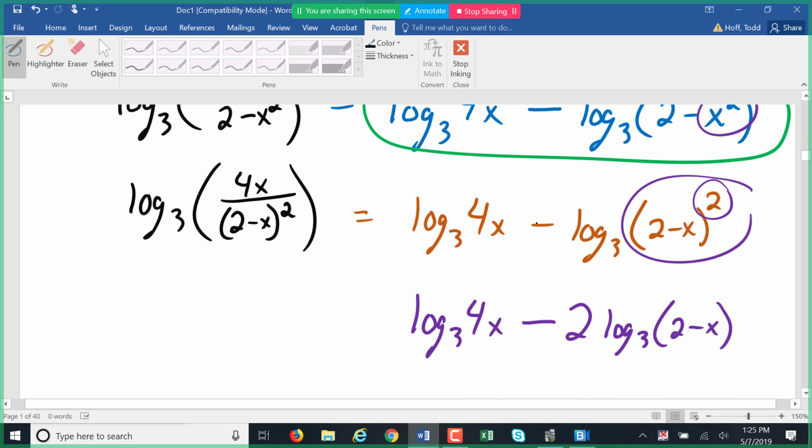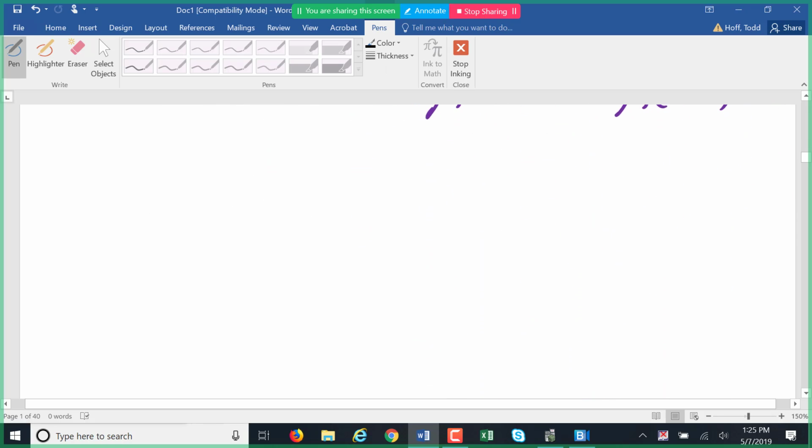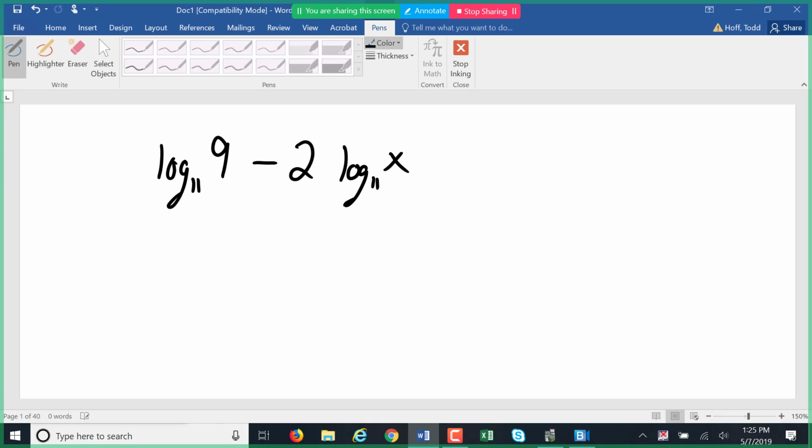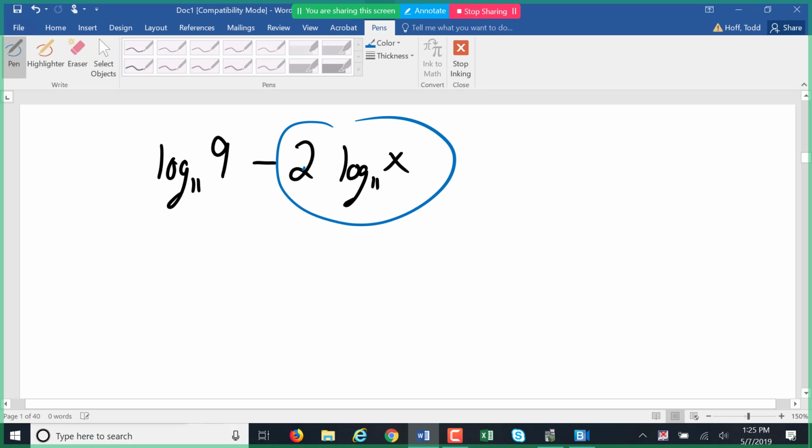We can go the other way. We can use those rules to recombine things. We might have log base 11 of 9 minus 2 times log base 11 of x. I can recombine here. First thing I see is the log is multiplied by a number.